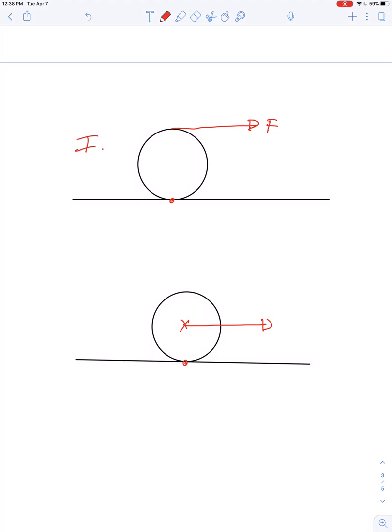So in each of these cases, I'd like you to try to figure out what's the net torque, and therefore, from that, figure out what's the friction force, both in magnitude and in direction.